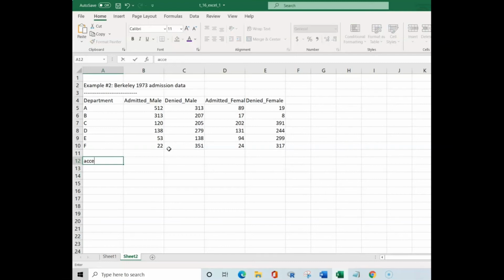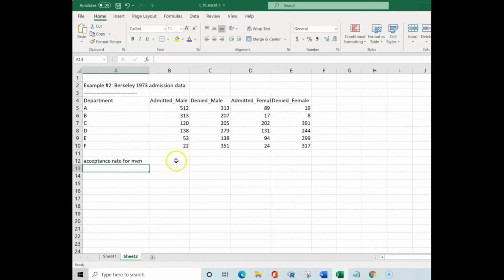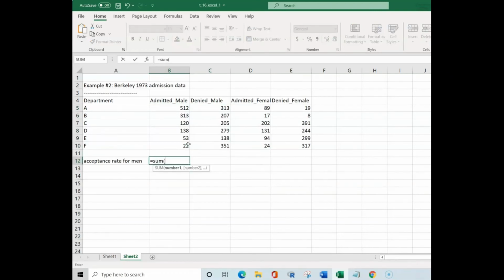So let's look at the acceptance rate for men. So we replicate 42 versus 35, actually 30. Column D is total admitted male divided by summation of column B and column C. Column C will be denied total.